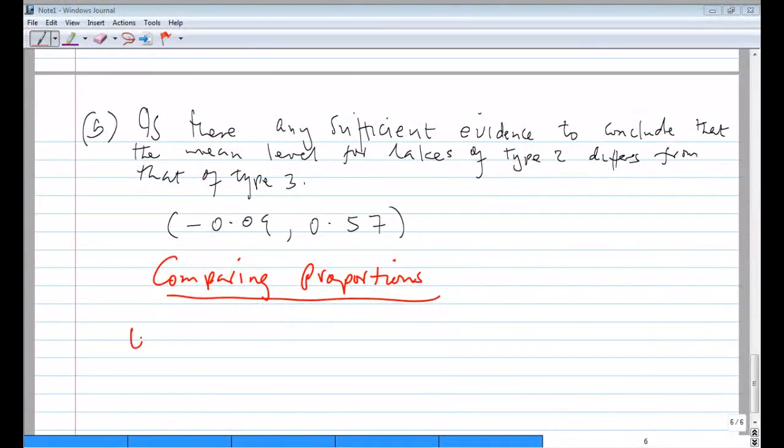Now the expected value of P1 hat minus P2 hat is equal to P1 minus P2.